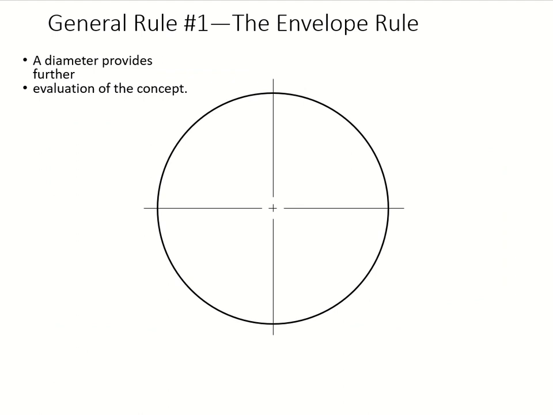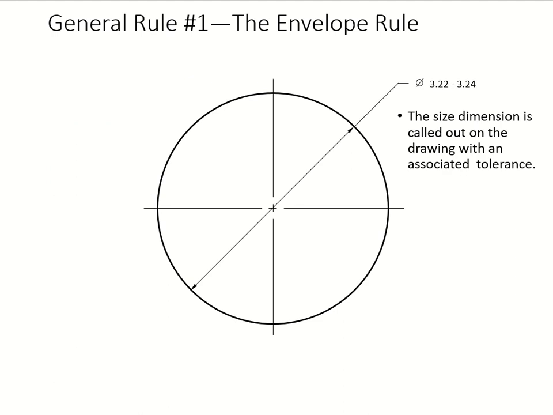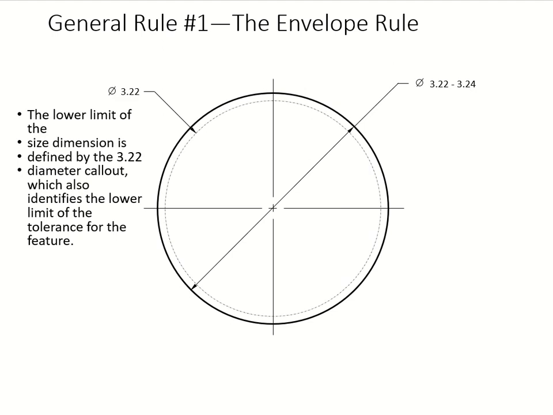We finished with the very first shape, which is a rectangular shape in some different forms. The diameter symbol is like this, and here is your dimension. The range is 3.22 all the way to 3.24. So this is your range. We also call that your tolerance lower limit, and this is your upper limit. Now we start to draw with the dashed line so you can see the lower limit right there.